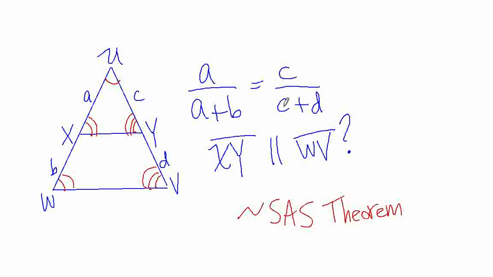Those two line segments are line segments XY and WV. Because the corresponding angles with respect to the transversal, line segment UW, are congruent, we know that the line segments in question are indeed parallel. So it all followed from the SAS theorem.